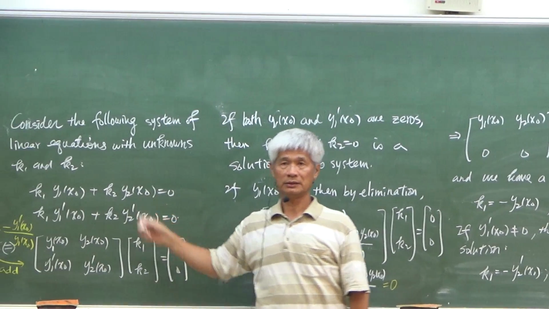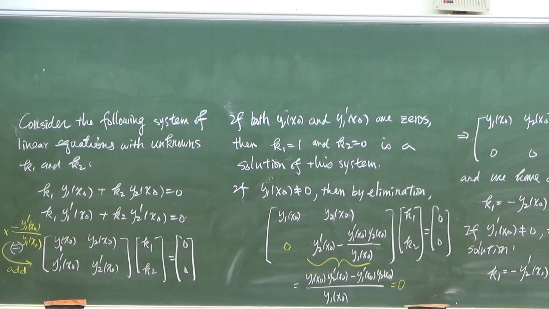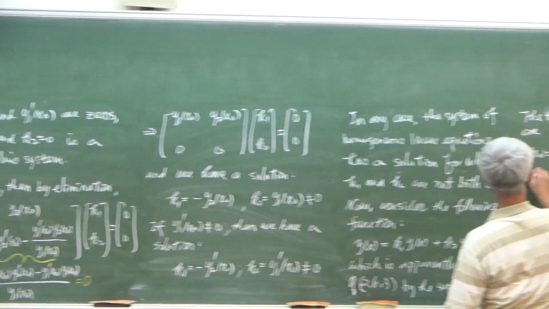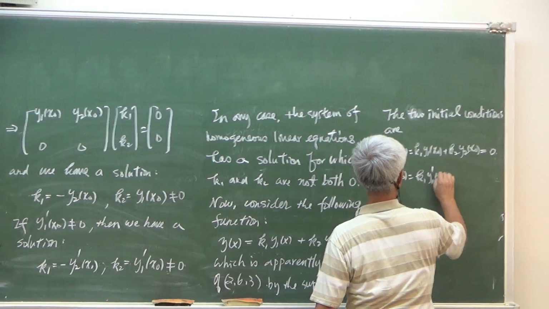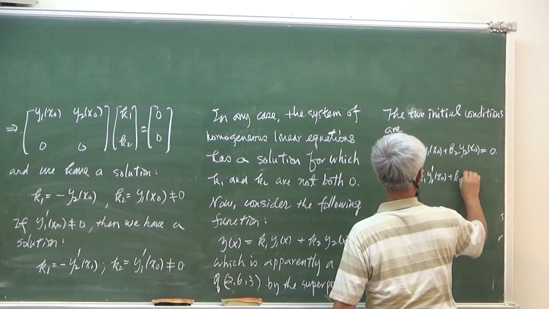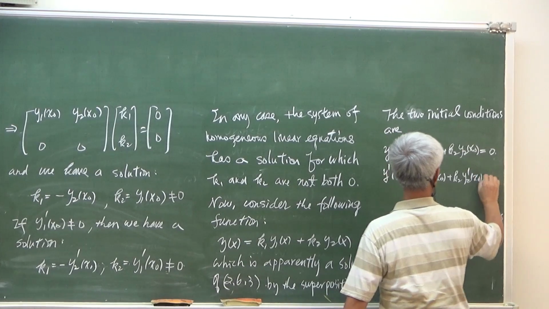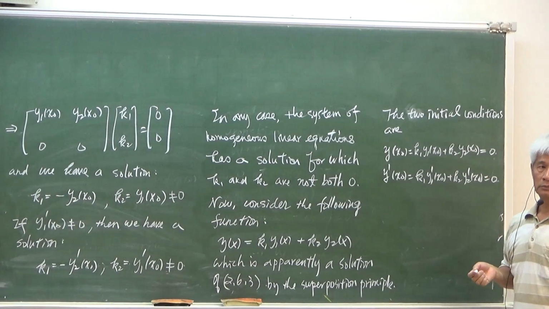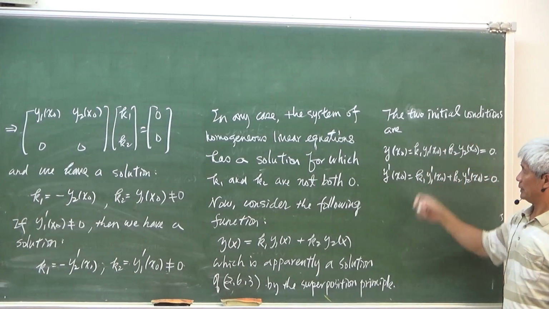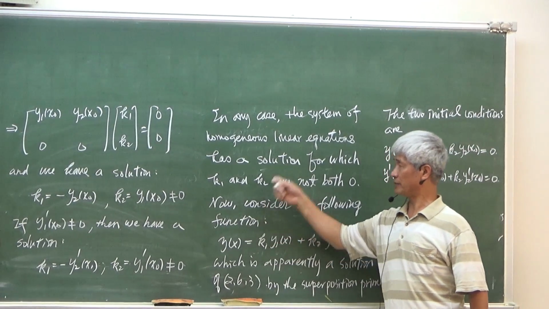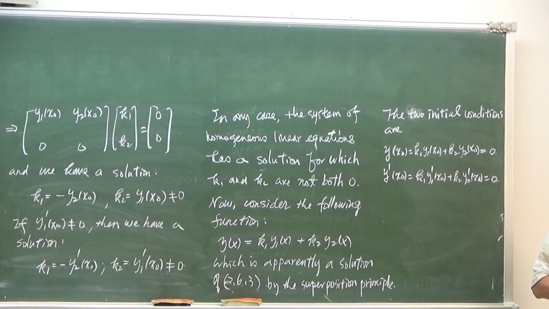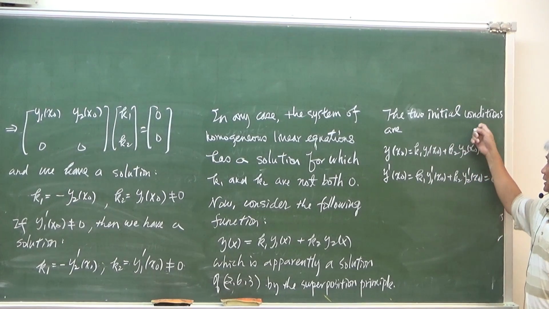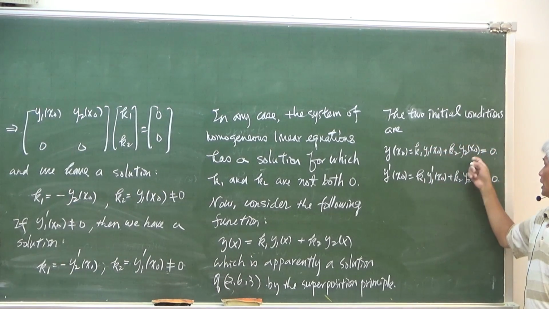Here. So y of x0 is 0, and y prime of x0 is k1 y1 prime x0 plus k2 y2 prime x0, which is 0 too. Okay, so this function satisfies the homogeneous linear ODE of second order with two initial conditions, which are always true.